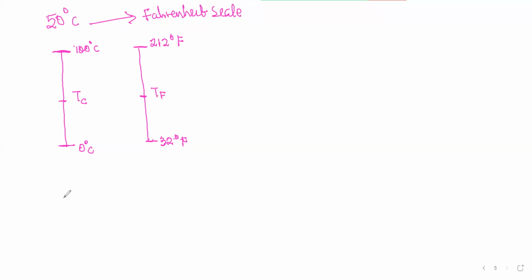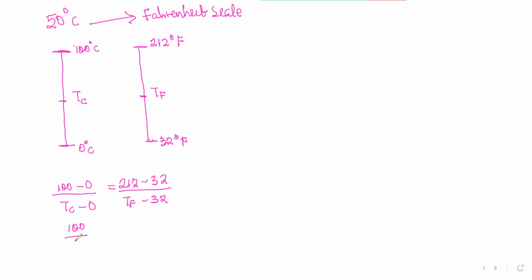So upper fixed point minus lower fixed point, 100 minus 0 over TC minus 0 is equal to the other scale, upper fixed point 212 minus 32 divided by TF minus 32, in case I've forgotten.